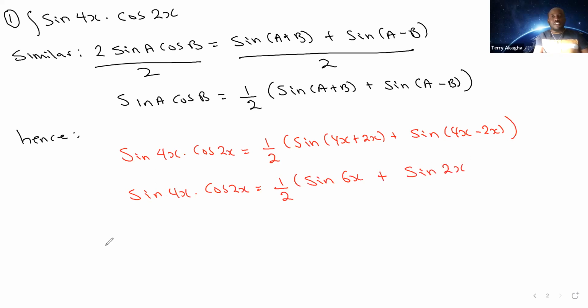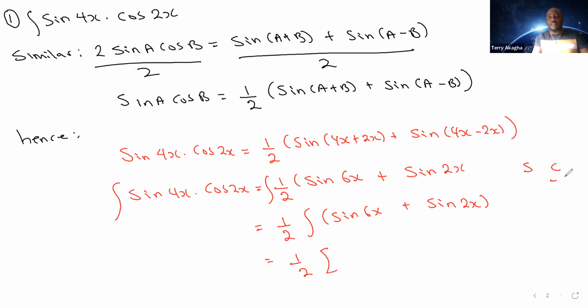But remember, we're finding the integration, so I can integrate both of them. Is this making sense? I bring 1 over 2 out, so I'm integrating sine 6x plus sine 2x. Remember, for integrating you're going the other way around: when you integrate sine, it becomes minus cosine.